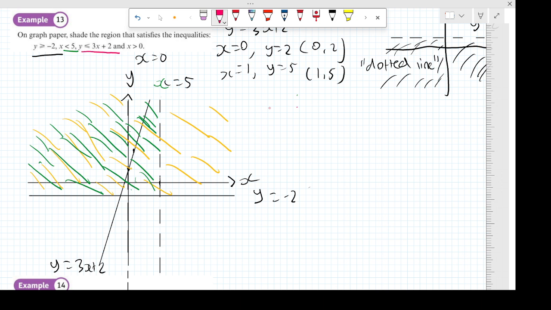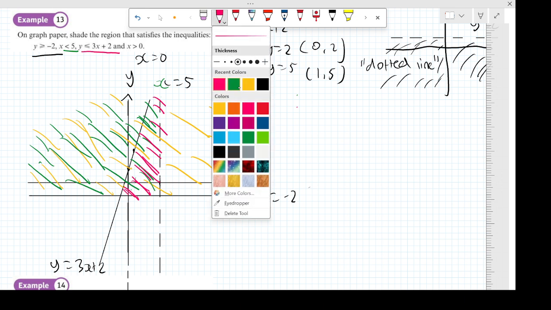So if the line is there, combining the regions we already shaded, it's going to be this part, isn't it? Cool. So the three bits are shaded, which is in pink as well. That's what we got up to. Now we've got one final inequality, which, shall we do that in indigo?